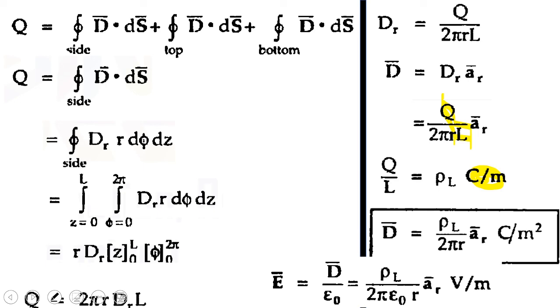So ρ_L divided by 2π epsilon naught r into a_r vector, volt per meter. The unit of electric field intensity is volt per meter. If you see this equation, we have already derived it in Coulomb's law for infinite line charge. And here the D value we have derived from Gauss law.